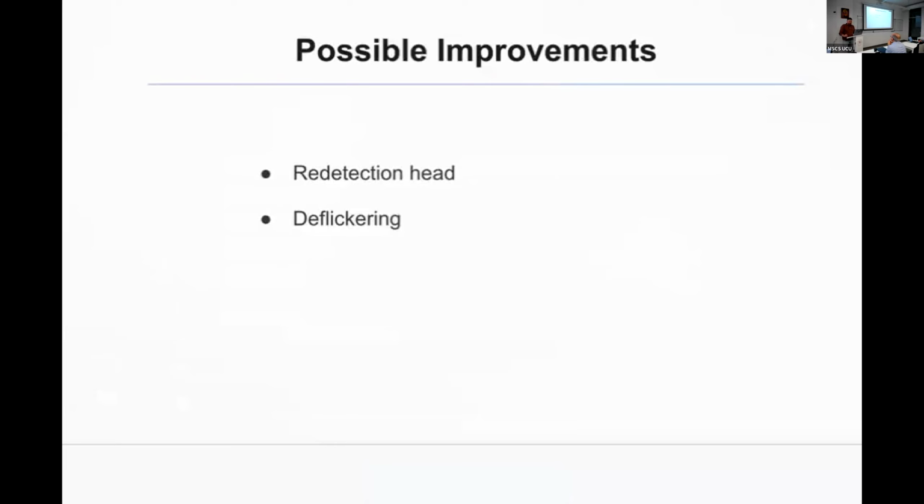What could be the possible improvements? There could be two main improvements. The first one is redetection, and the second one is deflickering. First one, redetection.